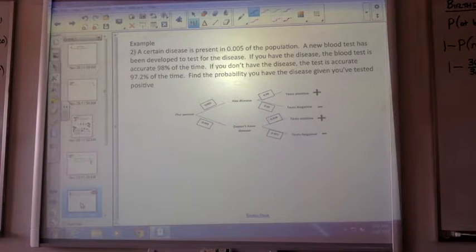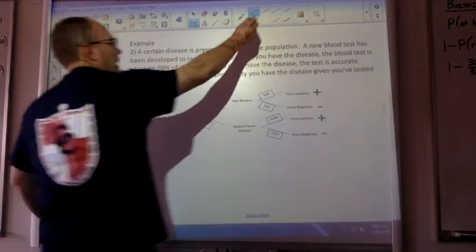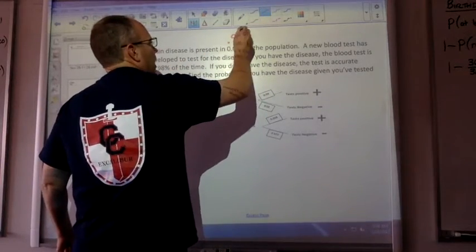Okay, so let's talk about a couple of terminologies that might take place. You have this disease that takes place in a certain amount of the population. It's 0.005, which comes out to 0.5%. So if you wanted to, you could say this is 0.5% of the population.